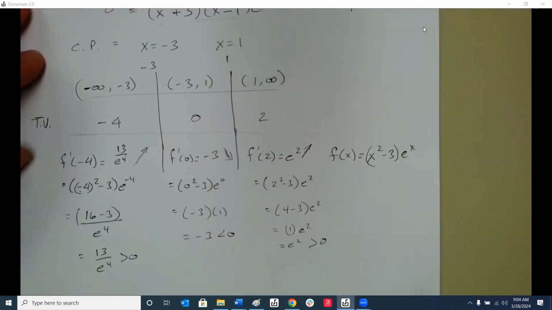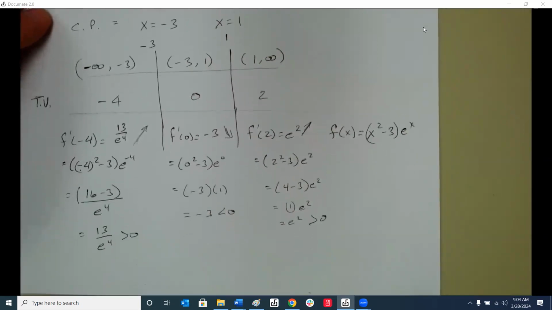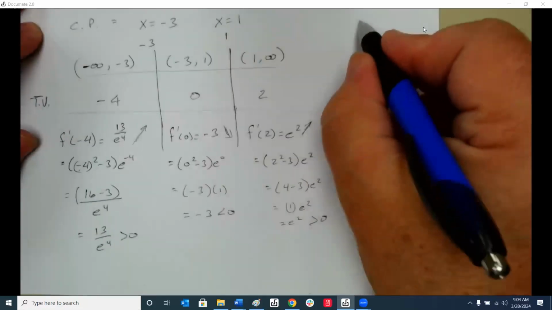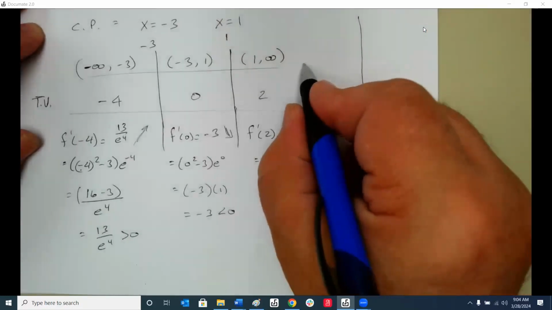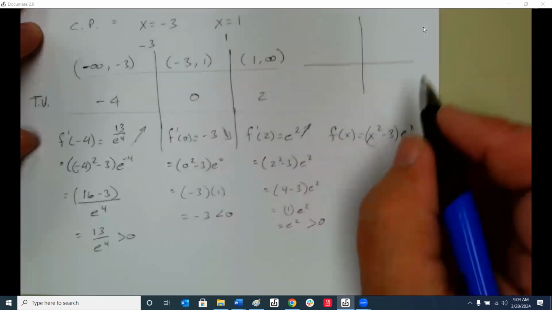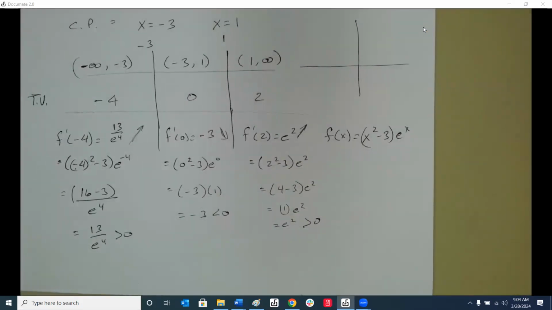This is an interesting function. If you graph this function, where are our x-intercepts?